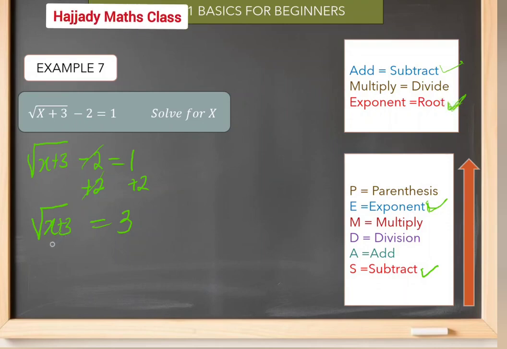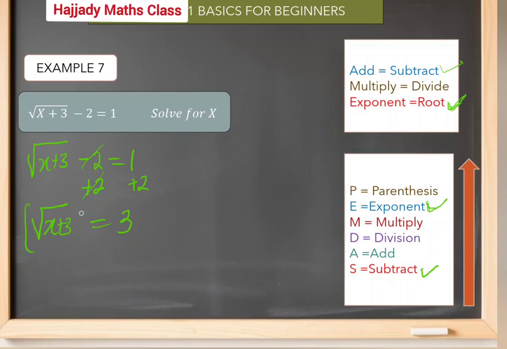Now, here we have the roots. What do you do when you have the root? You apply the exponents. So the exponent for the square root is squared. That is, for the square root, you need to square both sides. If it is cube root, you find the cube root of both sides, so that this can eliminate the root.